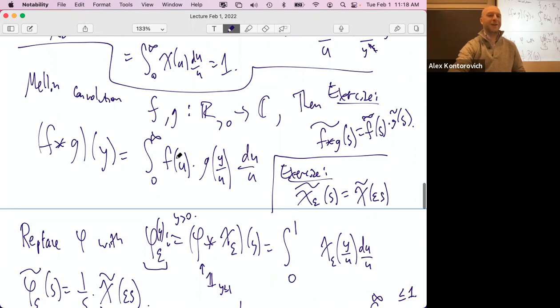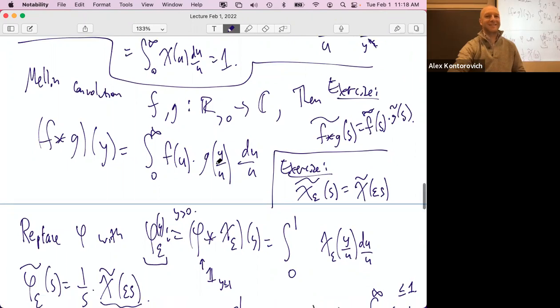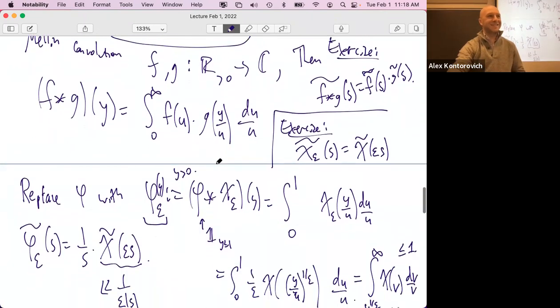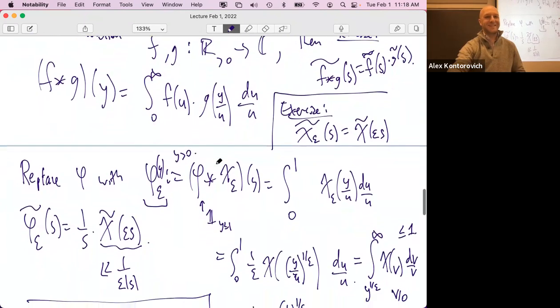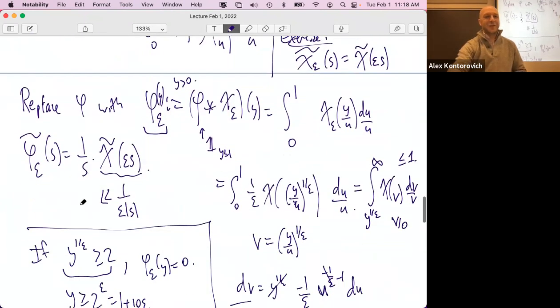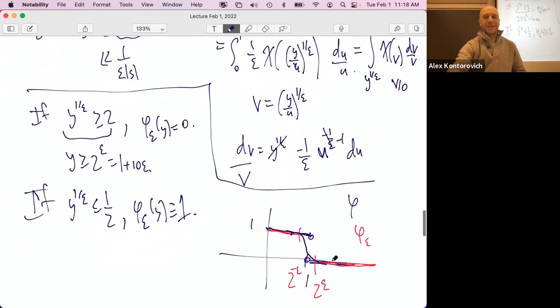Or by change of variables, it'll hit f, whichever one is the differentiable one. Okay, that's one condition. For exactly the same reason. Okay, so now we have the function phi epsilon. It's basically equal to the function phi, except on this region, which is of length epsilon.